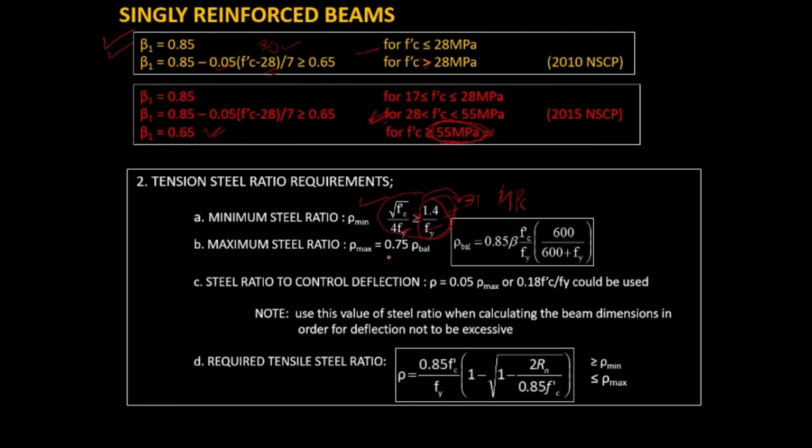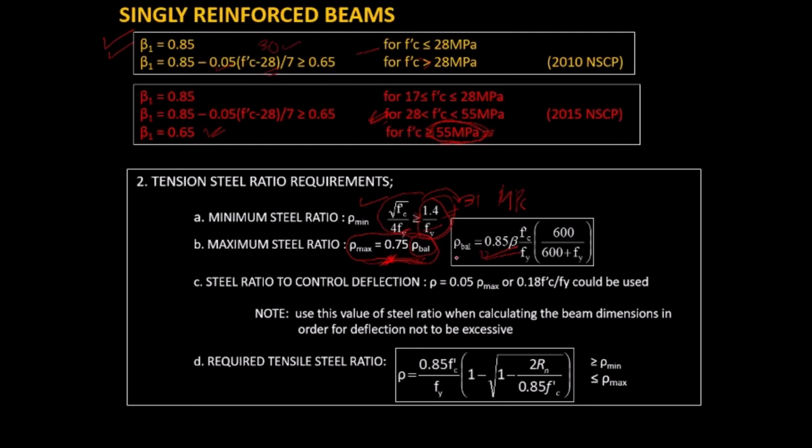Ngayon itong 0.75 rho balance, okay, it's important. Itong 0.75 rho balance is the yield requirement for designing a beam. Pero this is not only for rectangular. Itong formula na rho balance na ito is for rectangular only.